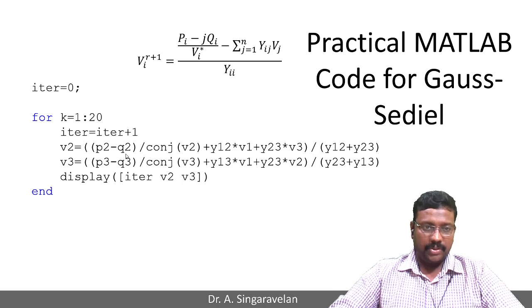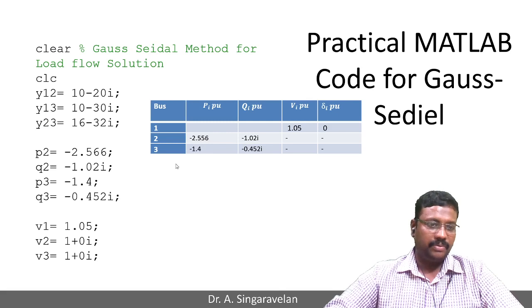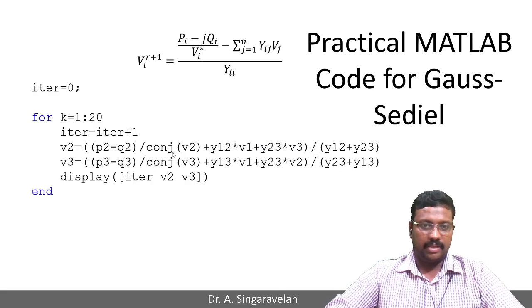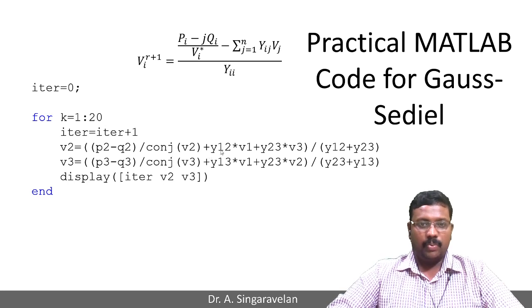P2 minus Q2, that is the real power at bus 2 minus the reactive power at bus 2, divided by the conjugate of V2. What value did we give to V2 initially? In the first iteration it is 1 plus 0i, so it is taken here in conjugate form, plus Y12.